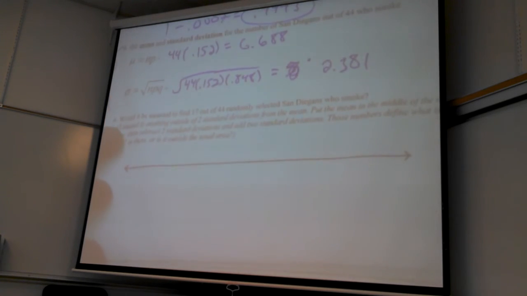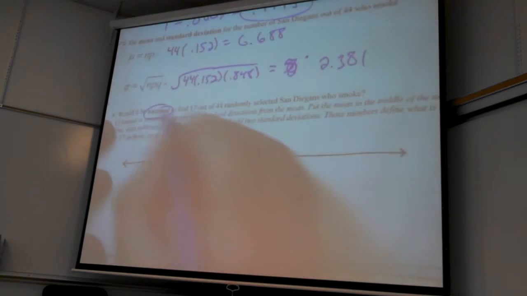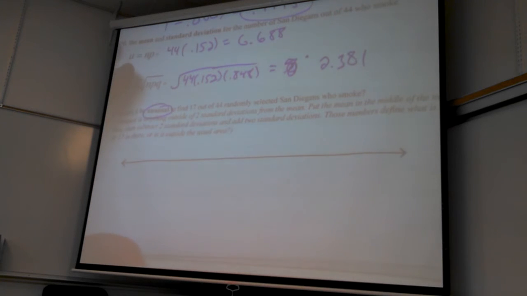And then finally, the idea of unusual. I don't think it's come up yet in the book, or I haven't said it yet. But unusual things would be outside of 2 standard deviations away. Remember, what's a standard deviation? What does standard deviation tell you?